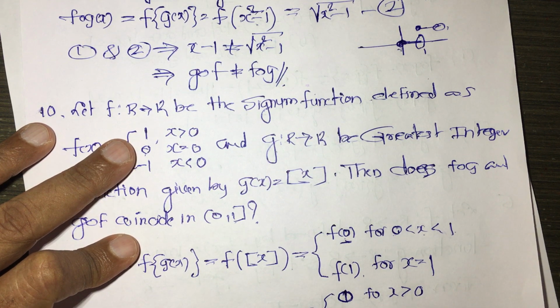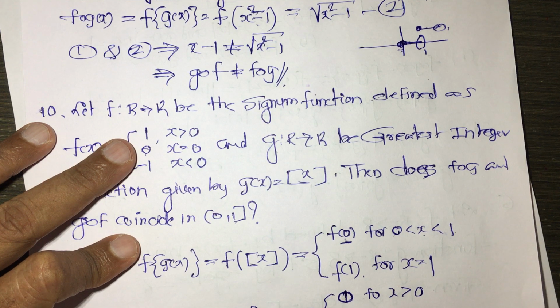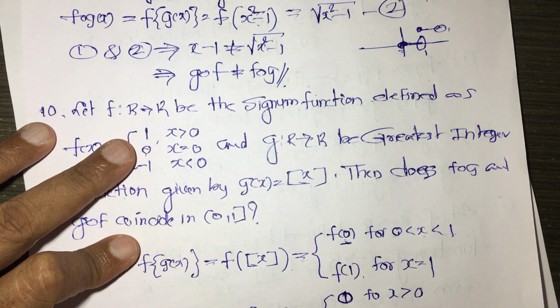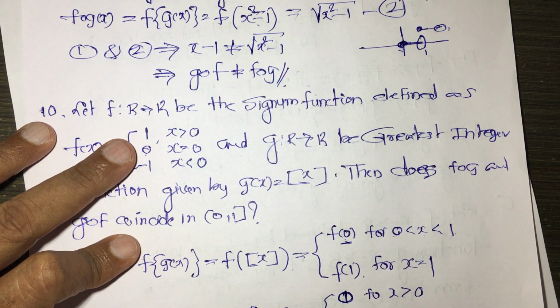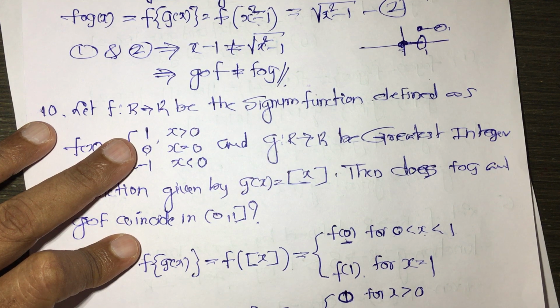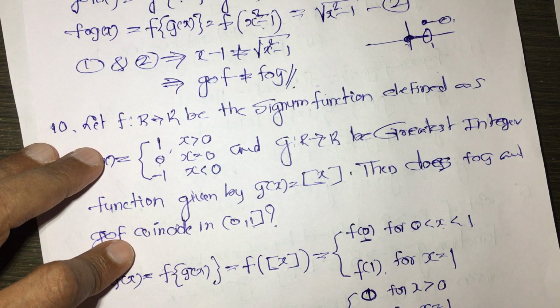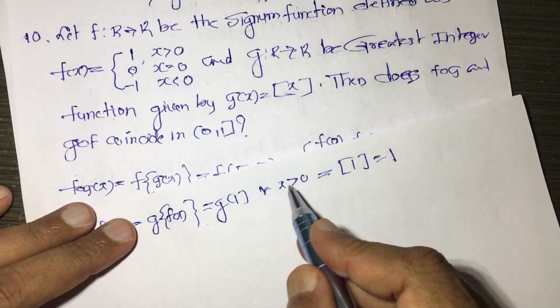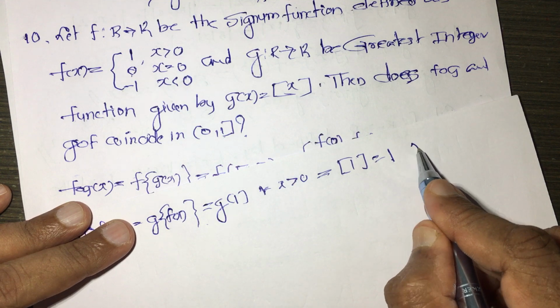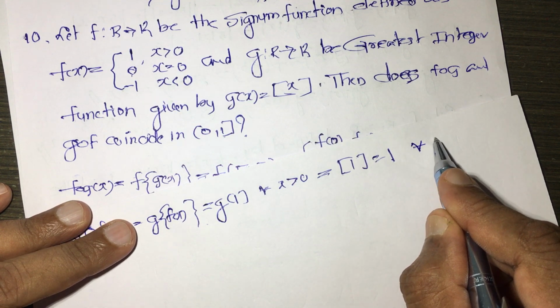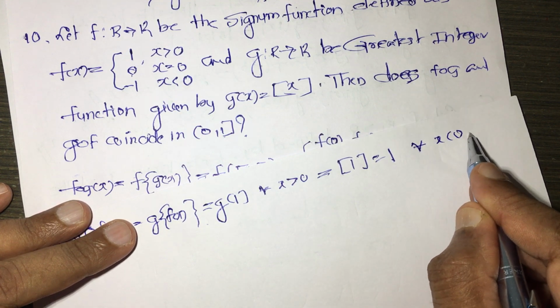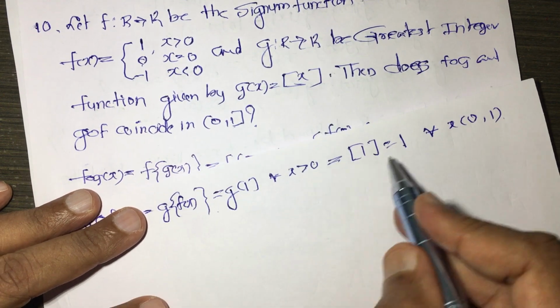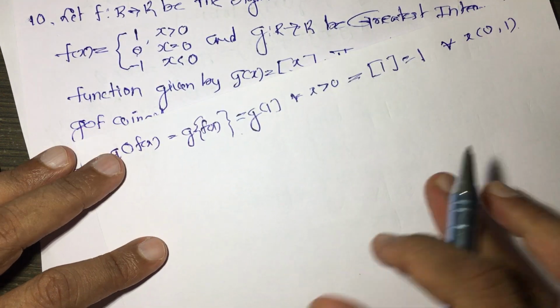So we get two values for f composite g of x, and the second is for x equal to 1. Now, for x greater than 0, this is for all x belongs to (0, 1], where 1 is not included.